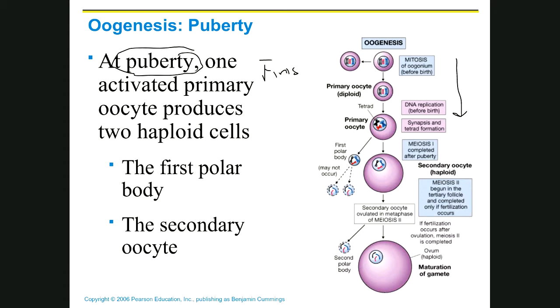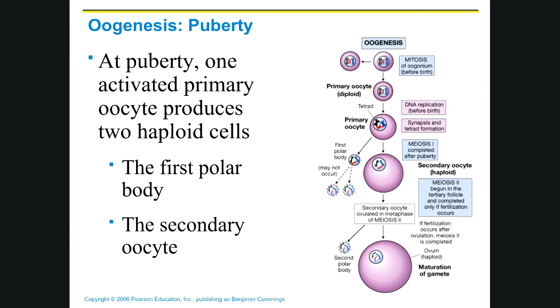And so when you finish meiosis 1, you're going to go, remember, metaphase 1, anaphase 1, telophase 1, and they're going to divide. Well, as soon as they divide, they're not called primary oocytes anymore. They're called secondary oocytes. But unlike in the male, we have what's called unequal division. Look at this. Here's this cell.